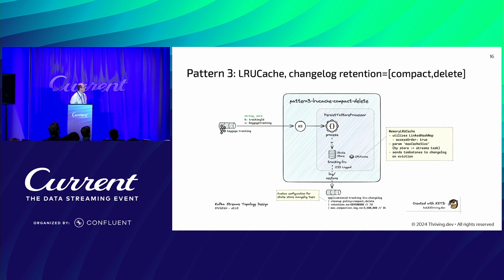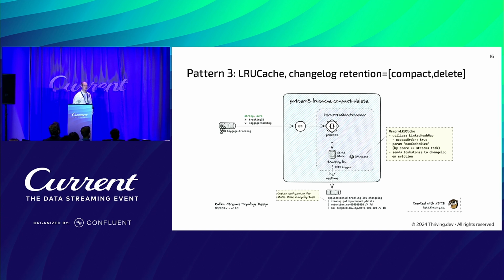A bit of an additional detail, which I can see at the very top, and this is why I did draw it here. It's not exactly necessary since that callback and tombstone mechanism is in place, but I will explain it here. For the next pattern, it's more crucial to do. You can also customize the configuration of your changelog topics.